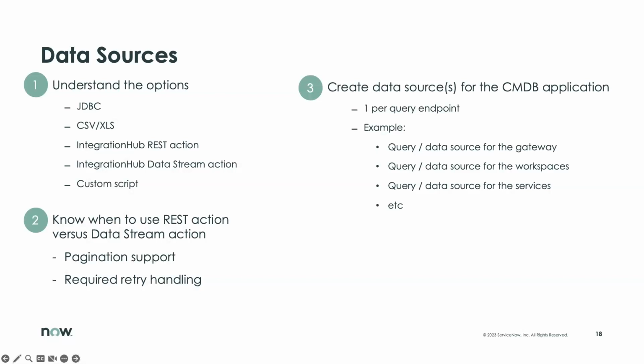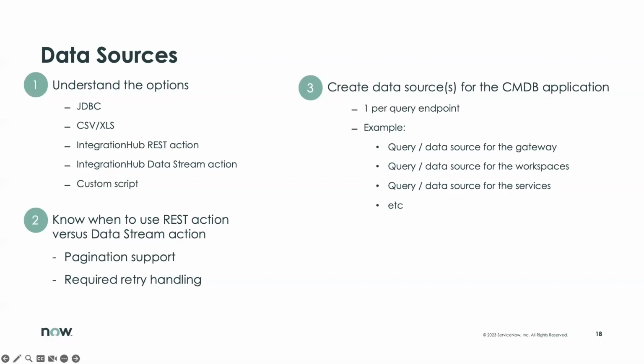As point number 2 says there, and we'll see this in more depth, there's a lot of similarity between the REST action and a data stream action. The biggest difference is that a data stream action will continuously make calls based on the pagination capabilities of the API you're using, and continue to stream that data in chunks.